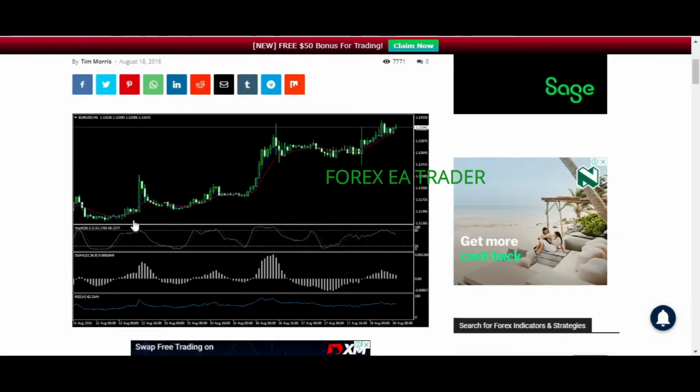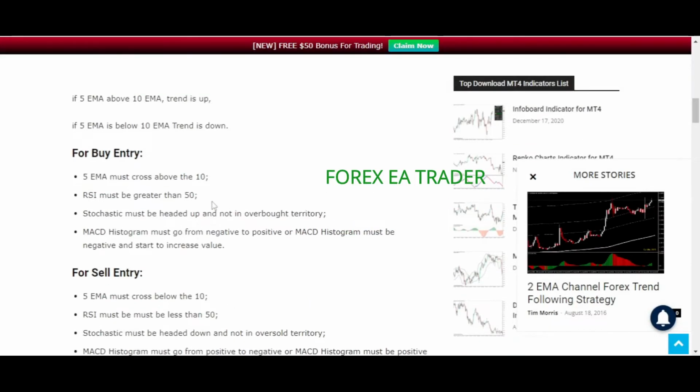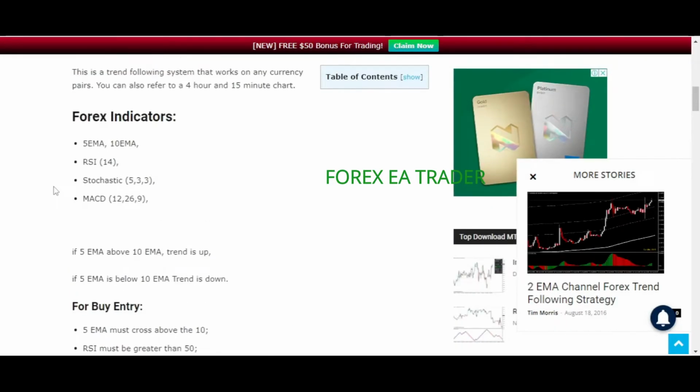So what are they saying here? It must be headed up and not in overbought territory. Okay, that's fine. We're just going to use it as turning up from the oversold zone.